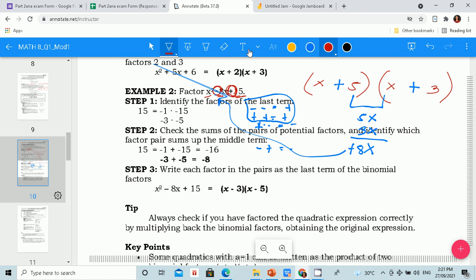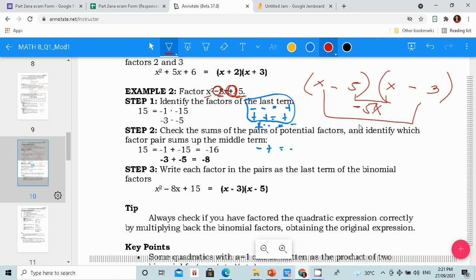Okay. So let's delete. When we use negative here and then negative here, that is negative 5x, then we have 3x, that is negative 3x.